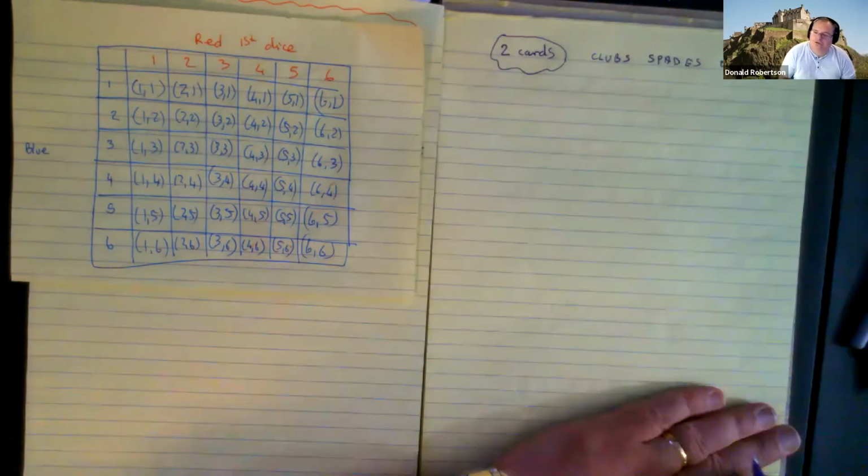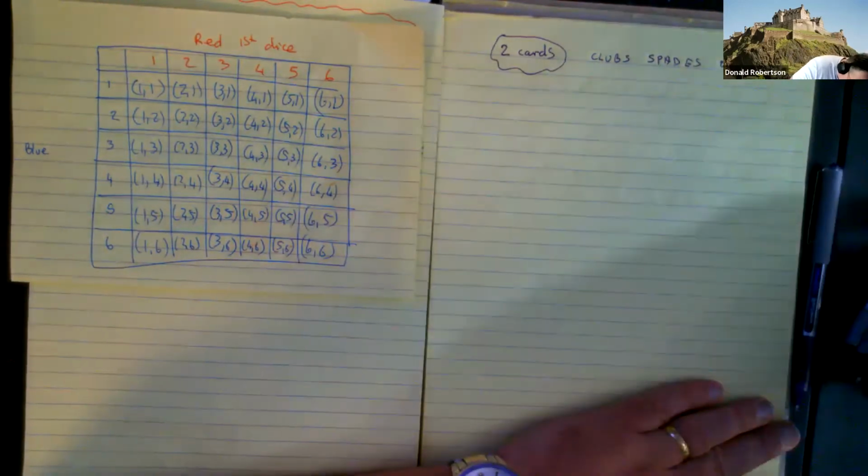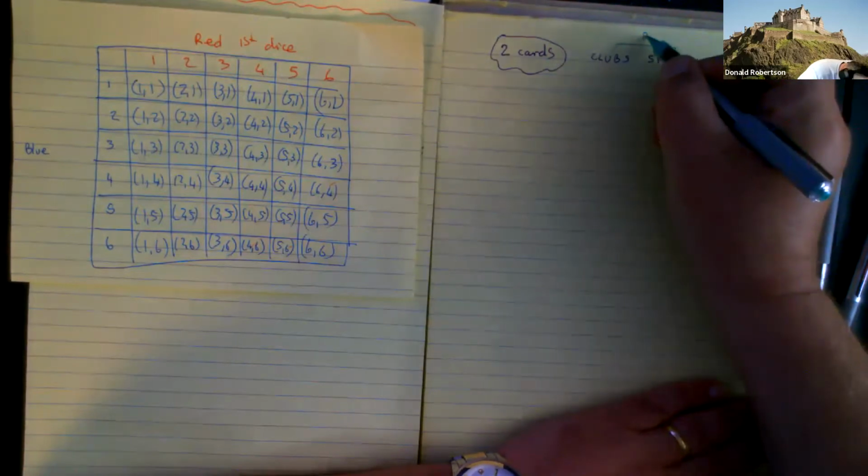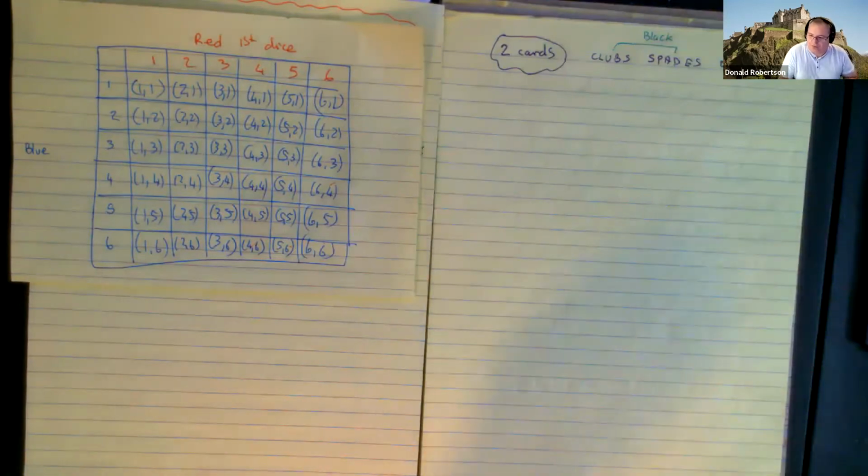There are 4 suits: clubs, spades, diamonds, hearts. These 2 are black, and these 2 are red. If you had a deck of cards, you would realize that they're red or black symbols, right? A heart is red in color. A spade is black in color.